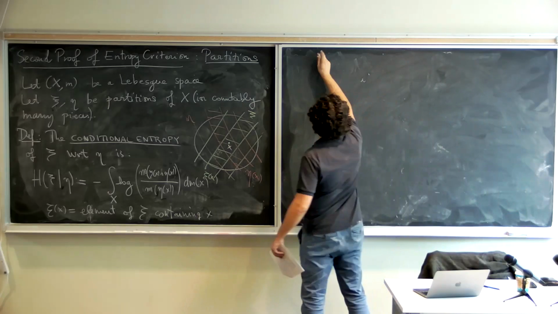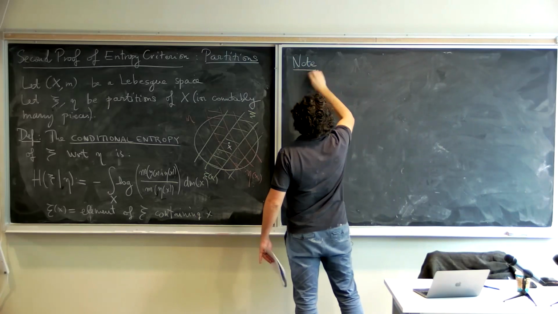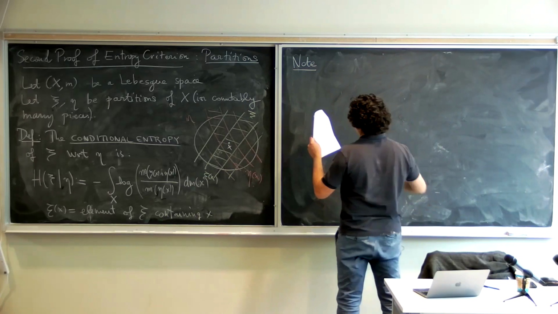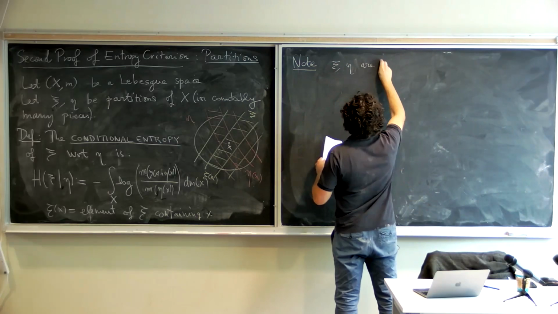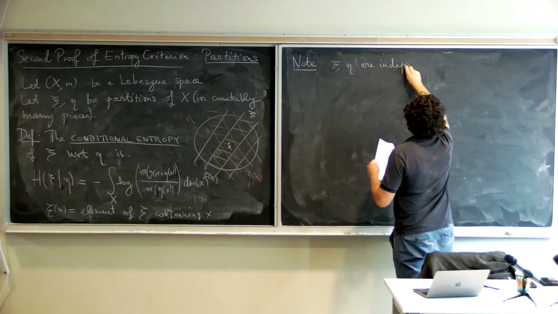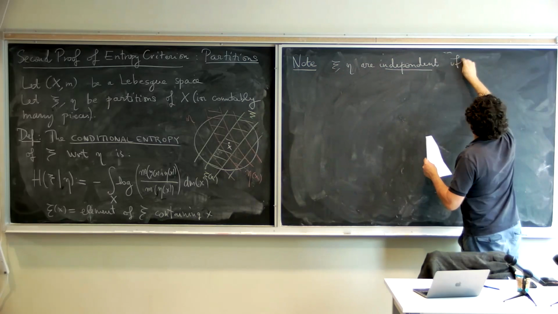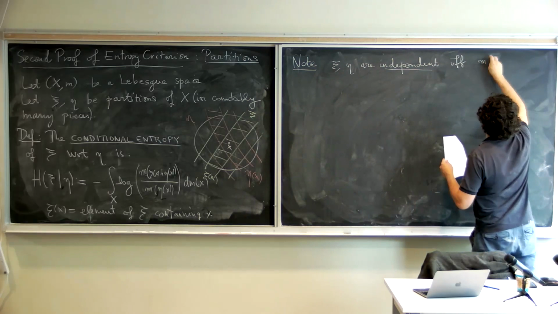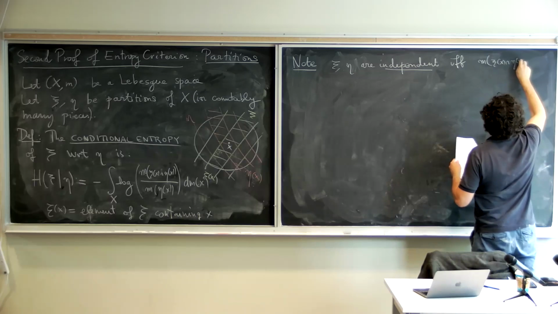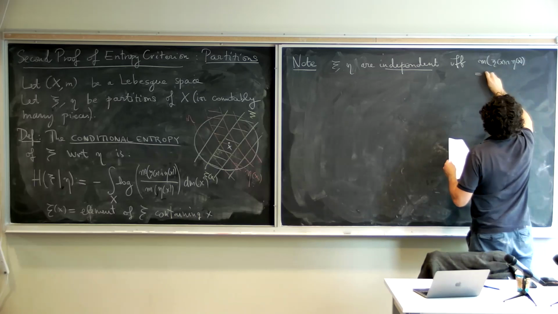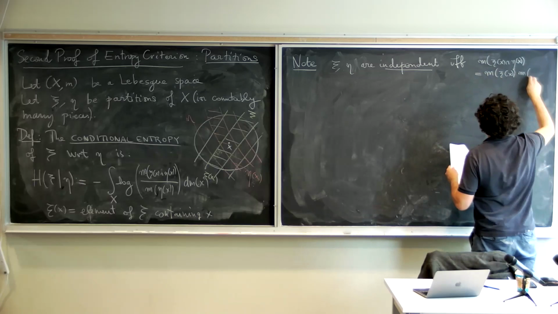Note the following: psi and eta are independent partitions if, by definition, the measure of psi intersect eta equals the product of the measure of psi and the measure of eta.